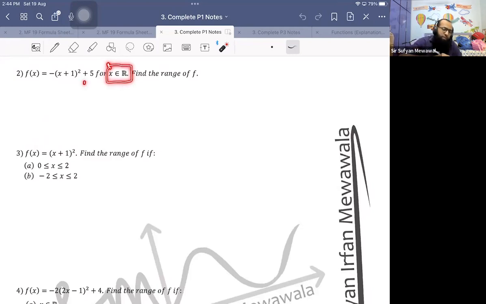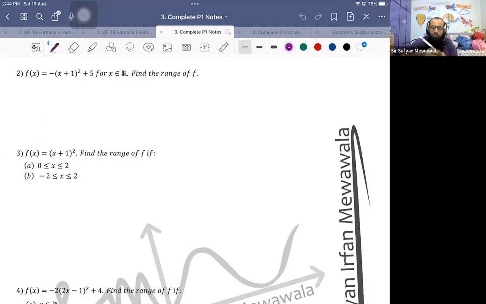So if we are going to find the coordinates of turning point, what will be the coordinates of turning point here? I need your participation please. बताएं आपके coordinates of turning point क्या होंगे? चैट में पार्टिसिपेट करें जल्दी से. Very good. Negative 1, 5.